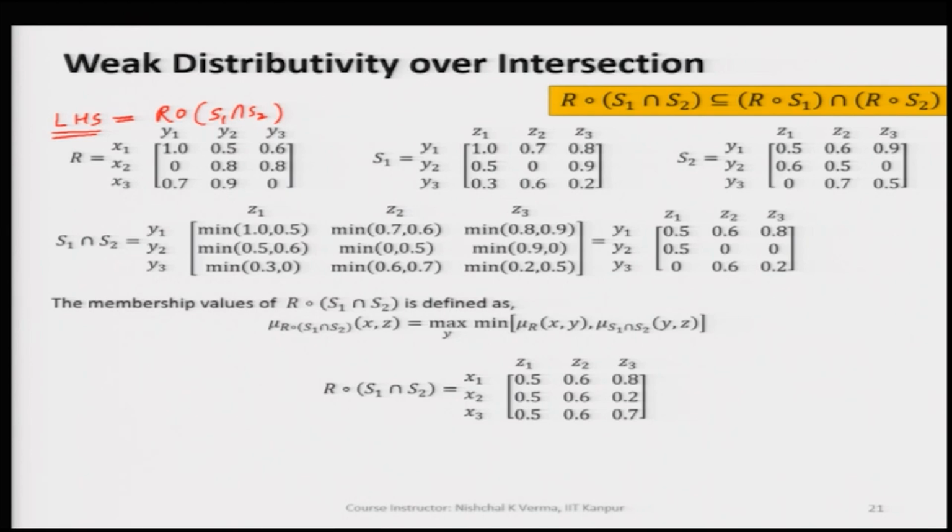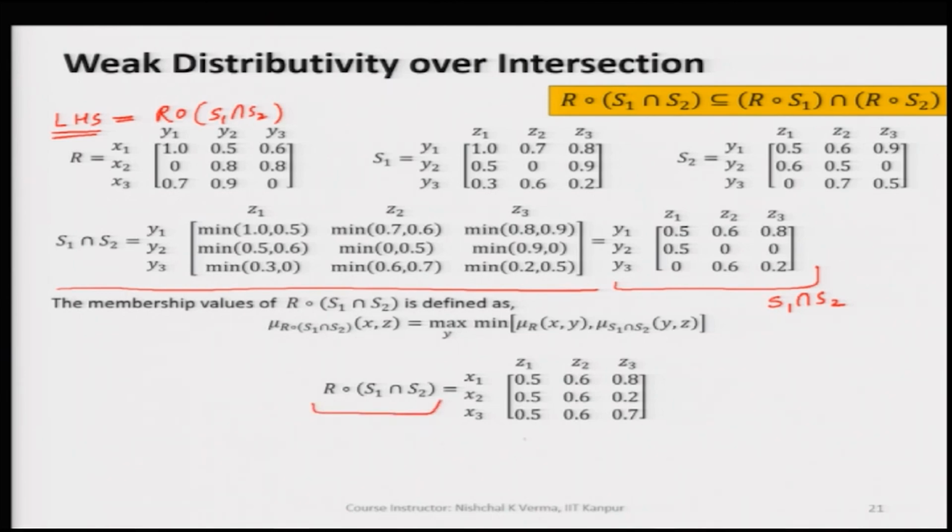So, let us first find the intersection of S1 and S2, and when we take intersection, we know that we use the min criteria. We take the min of the corresponding membership values from S1 and S2. When we do that, we get this as the outcome. This is nothing but the intersection of S1 and S2. Now, let us take the max min composition of R and this matrix.